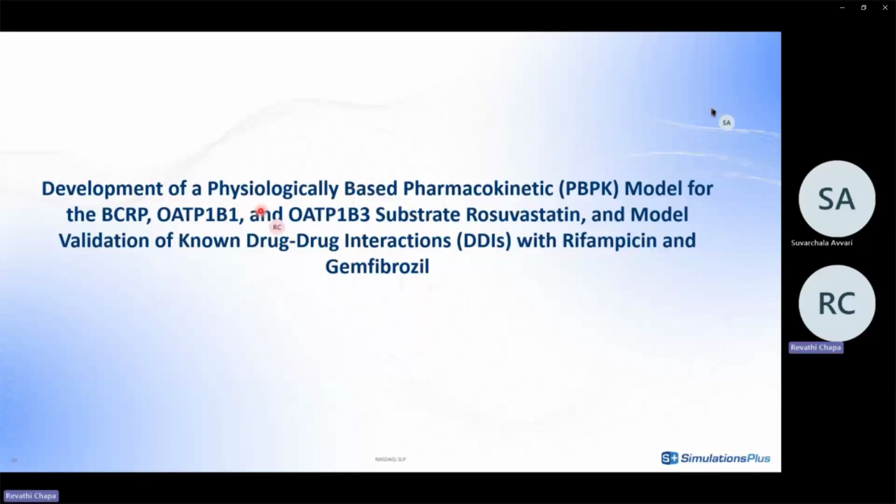Okay. So now we will be discussing the PBPK models for OATP1B substrates like rosuvastatin, which is also a BCRP substrate, and the model validation with DDIs with rifampicin and gemfibrozil.